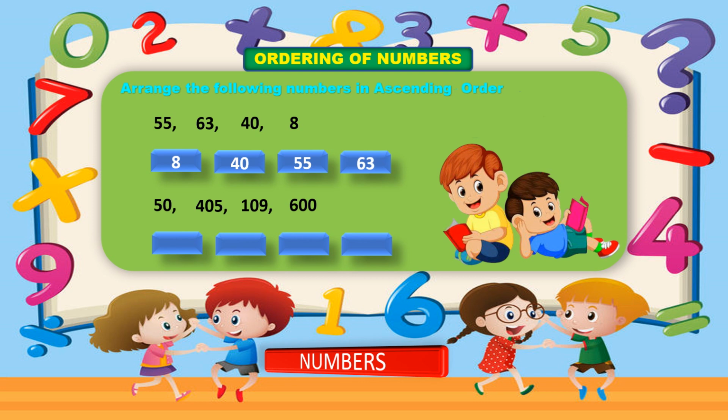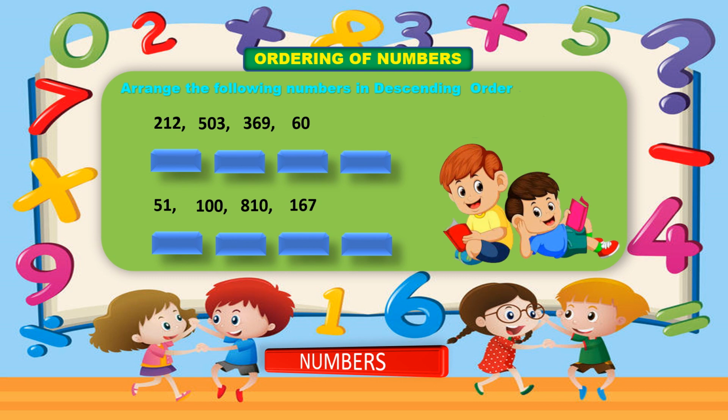Next the order would be 50, 405, 109 and 600. The ascending order is 50, 109, 405 and 600.